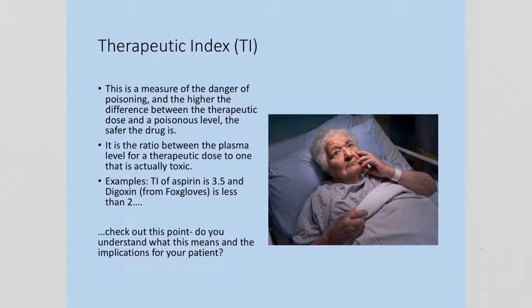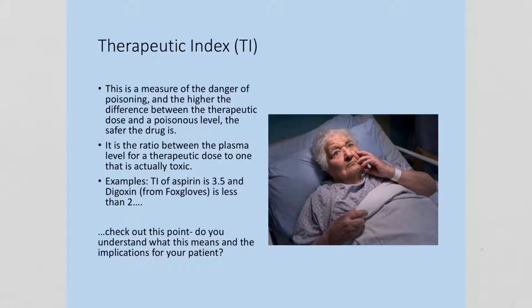So 2 examples. The therapeutic index, TI, of aspirin is 3.5 and that of digoxin from foxgloves is less than 2. So check it out. Do you understand what this means and the implications to the patient? Is aspirin more or less likely to cause poisonous levels more easily?